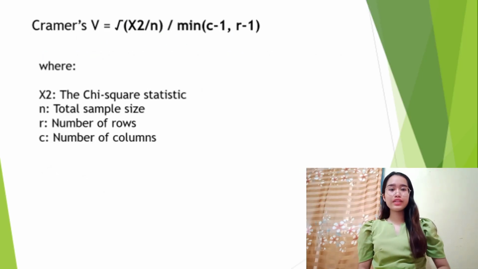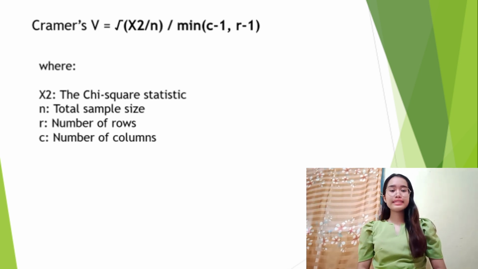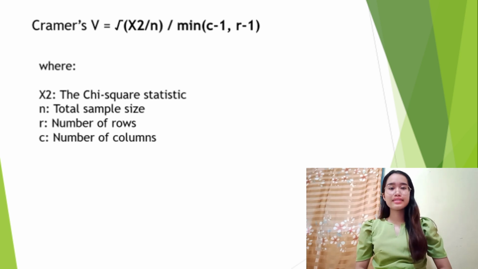Cramer's V equals the square root of chi-squared divided by n times the minimum of c minus 1 and r minus 1, where chi-squared is the chi-square statistic, n is the total sample size, r is the number of rows, and c is the number of columns.